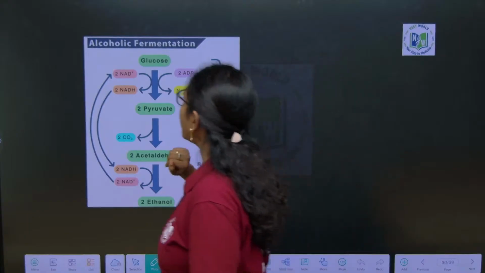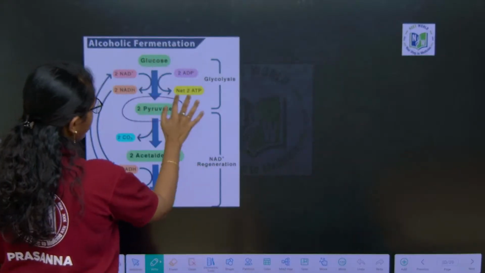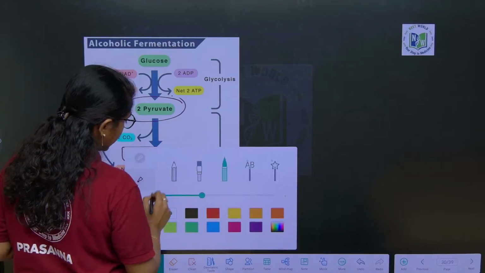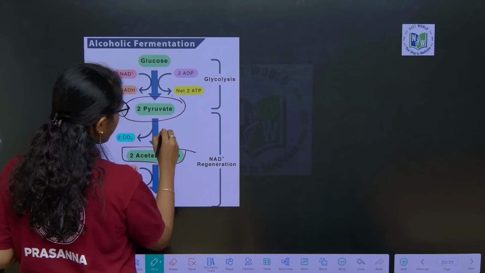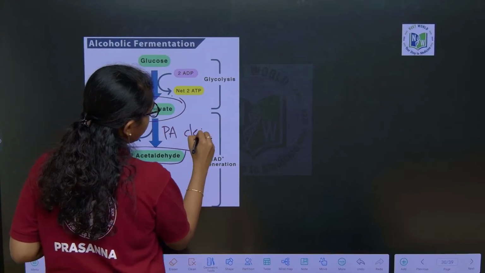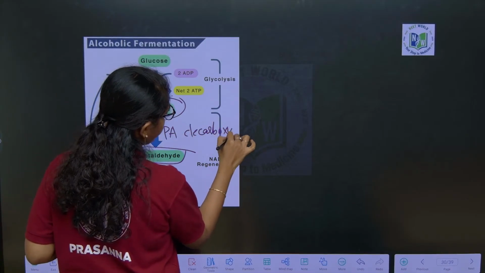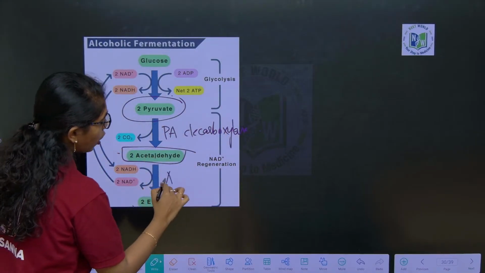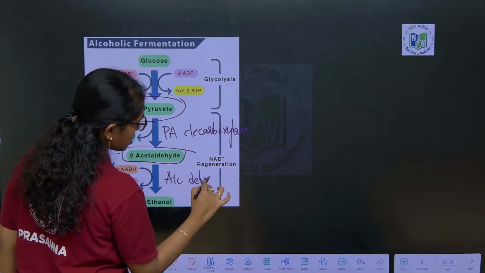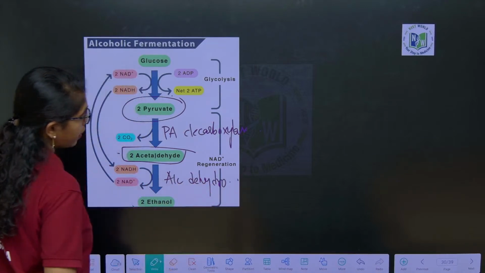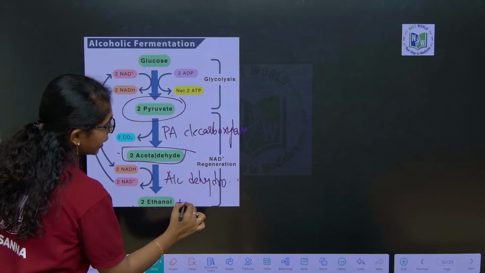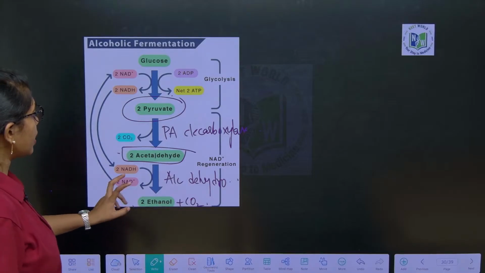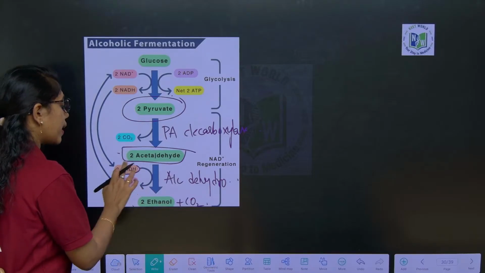If it is alcoholic fermentation, first pyruvate is converted to 2 molecules of acetaldehyde by pyruvic acid decarboxylase, and acetaldehyde to ethanol by alcohol dehydrogenase. So, here at the end ethanol and carbon dioxide are released. Here it requires 2 NADH.